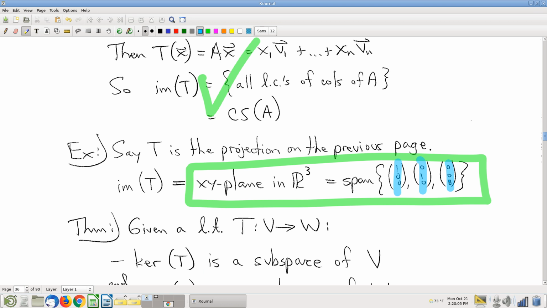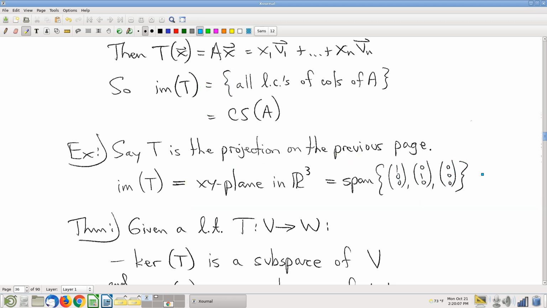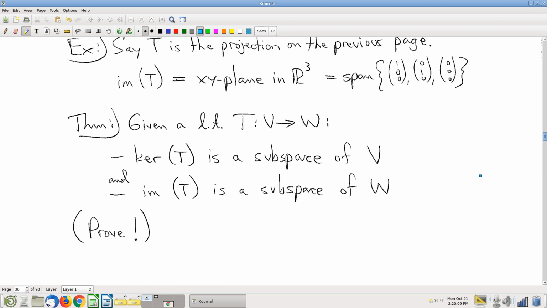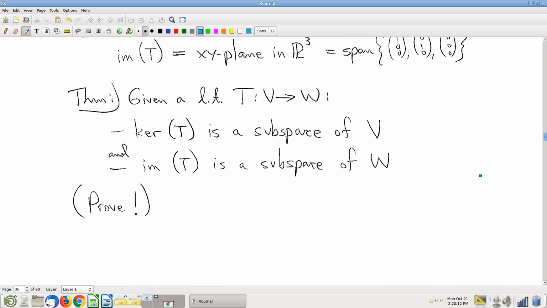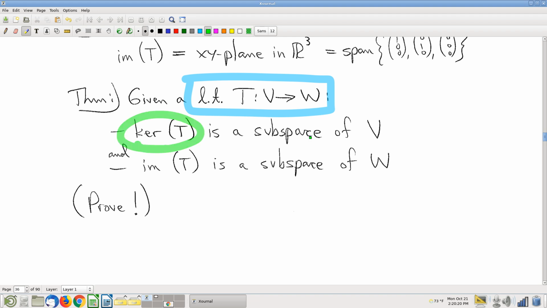Okay, a couple of exercises for y'all on this. Given a linear transformation, the kernel, I wanted that in a different color, the kernel of a linear transformation is always a subspace of the domain.